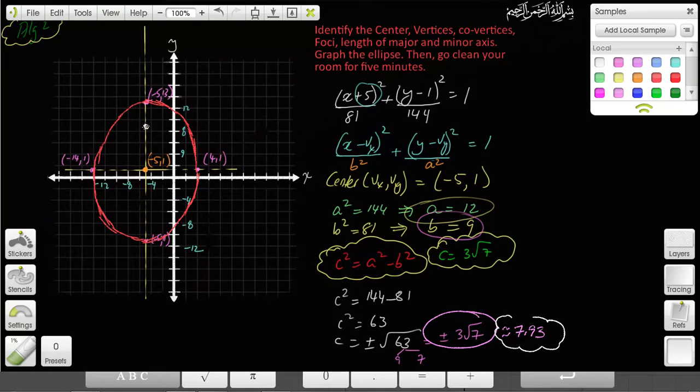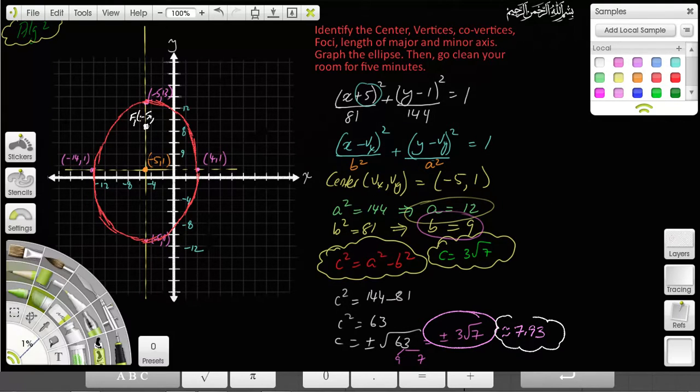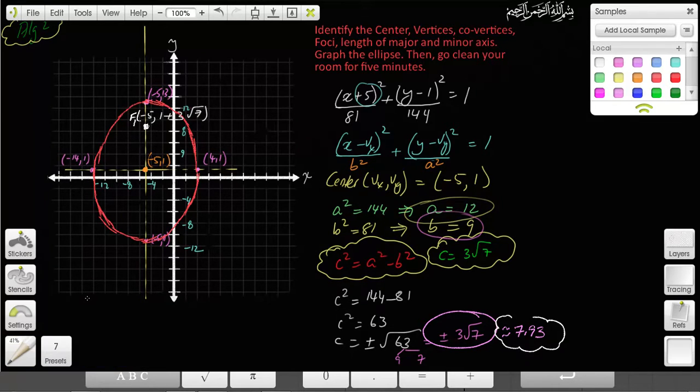So the first focus is going to be here, on the major axis. Try to be neat. Negative 5 and 1 plus 3 square root of 7. That didn't come out so well, did it?